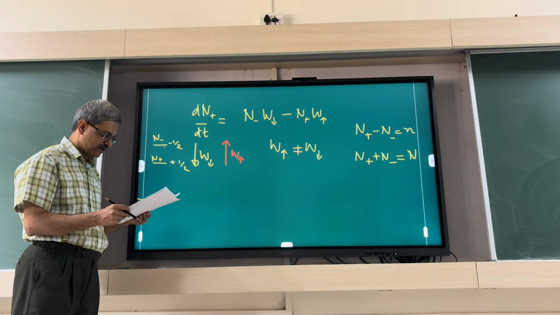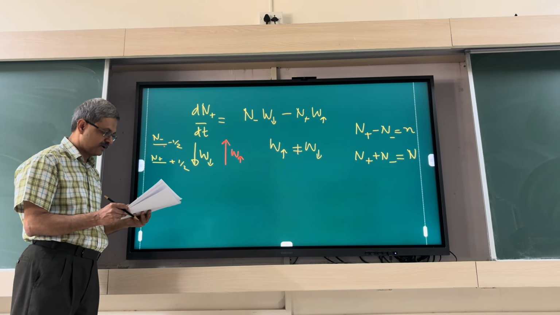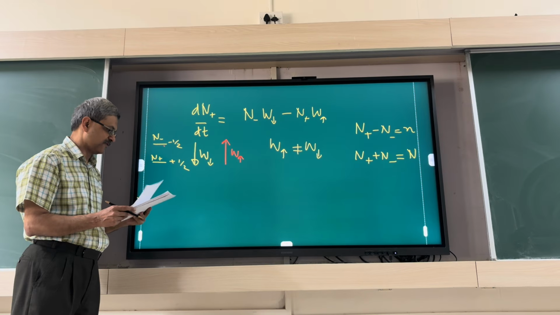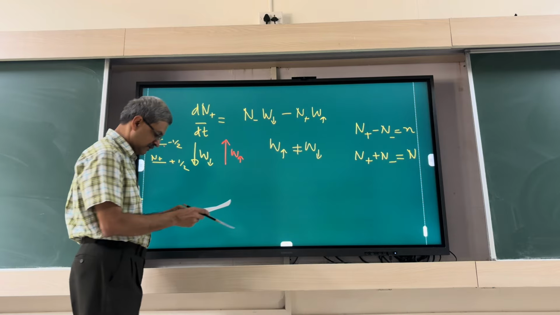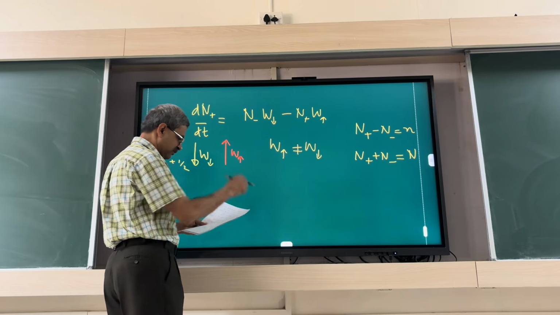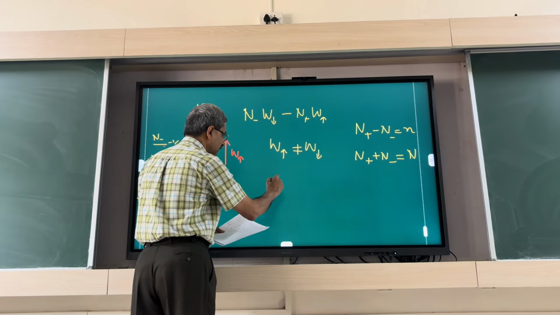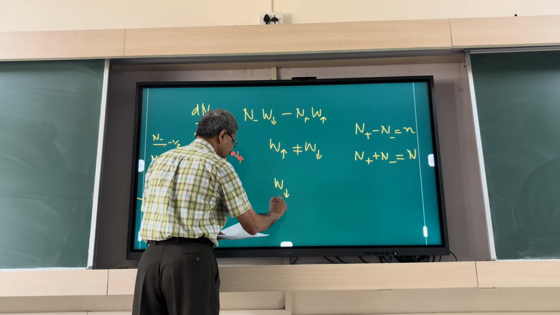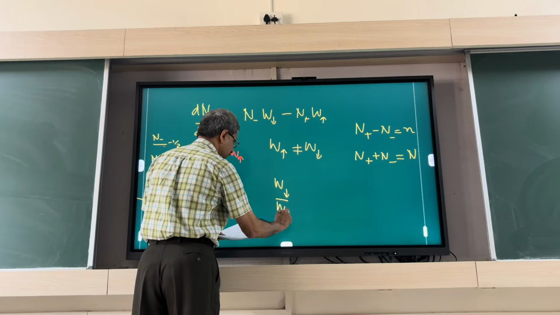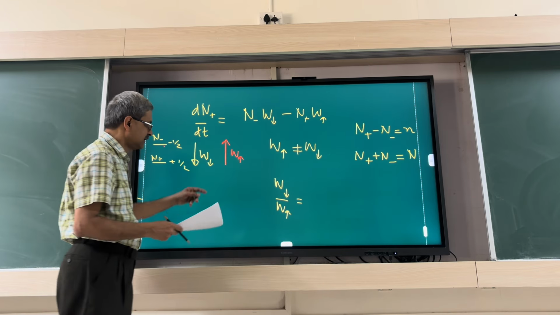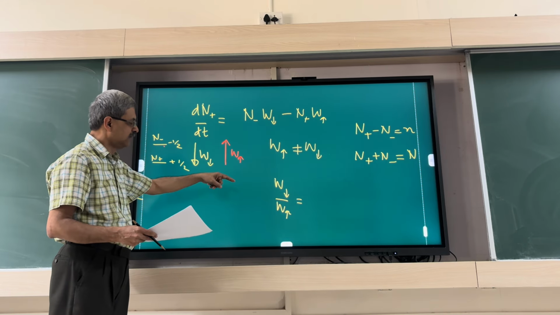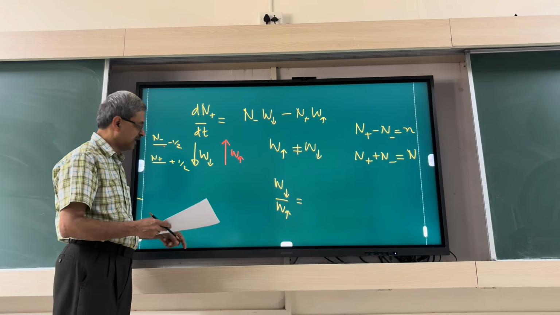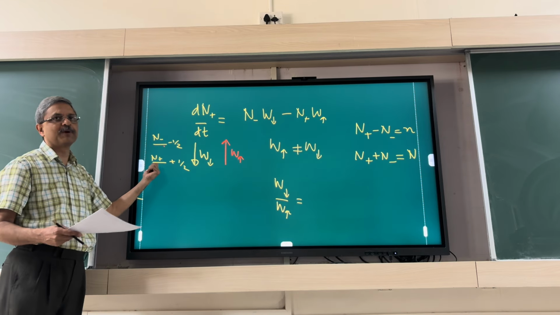Run the algebra for a couple of steps, and because the population in equilibrium is known, what you get is W down by W up. The transition probabilities are different for up to down versus down to up; ultimately, you want more population in the ground state.